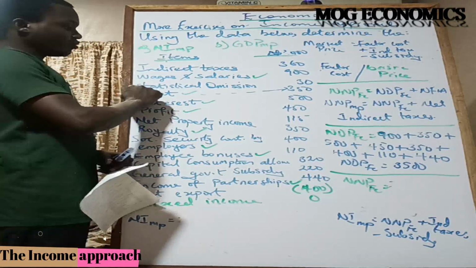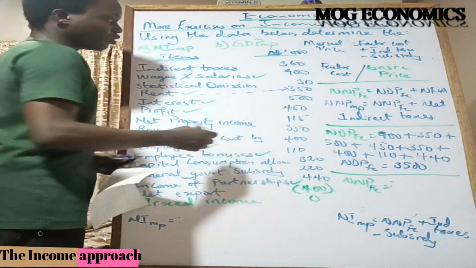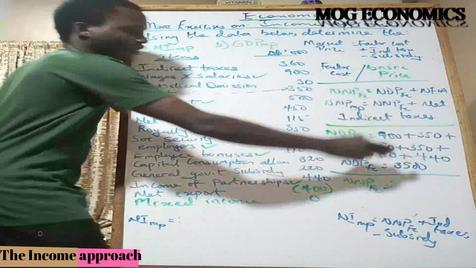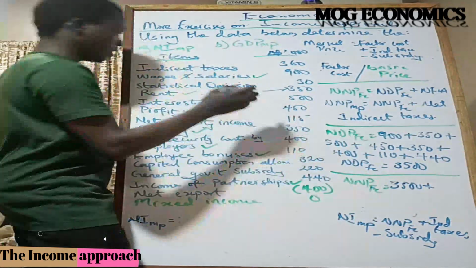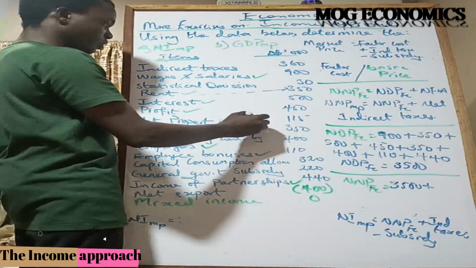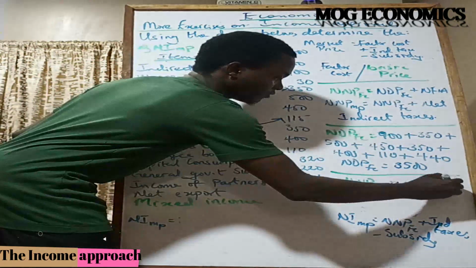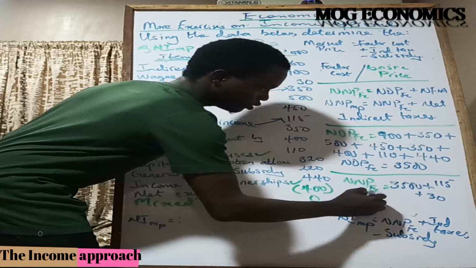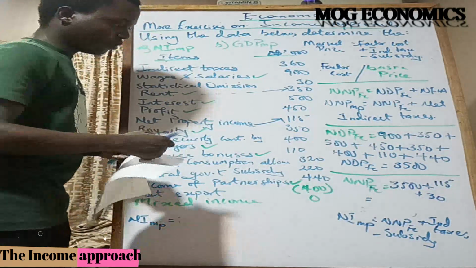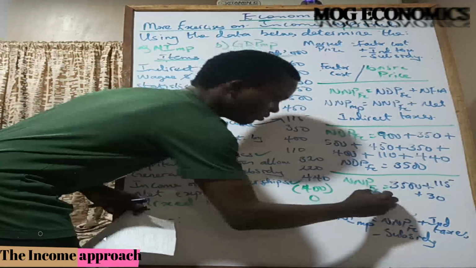Because we have a statistical omission here, we are adding it. So NNP at factor cost equals the NDP at factor cost that we got here, 3005, plus net property income, which is this. Property income is 115, then plus 30, so this is going to give us 145. That's 3645.